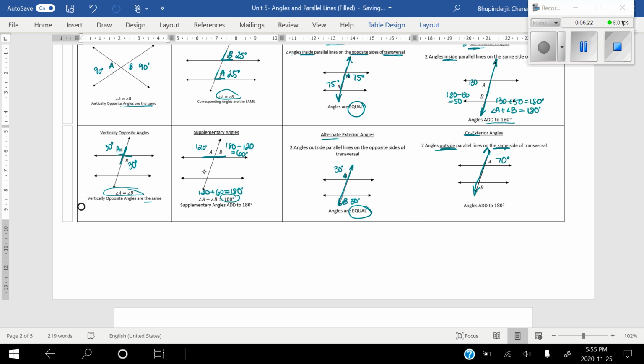To find B, I would take 180, because we have that rule of 180, minus 70, and angle B would be equal to 110 degrees. So we have angle A plus angle B should equal 180. So let's test that. 70 plus 110, ooh, that's too many zeros, is equal to 180.